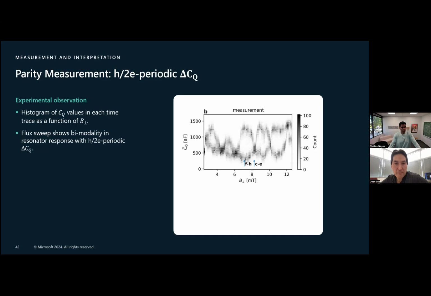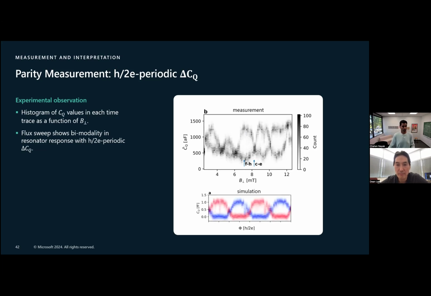So where you saw that big, clear random telegraph signal, that was right here, where there's this big bimodality at kind of the optimal flux value. And where we saw no bimodality, that was right here at the destructive interference point, where you don't expect to see any bimodality.